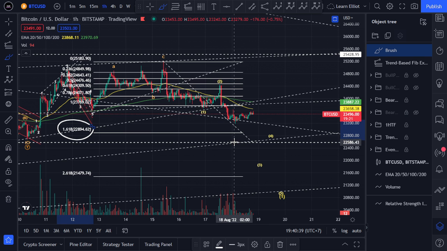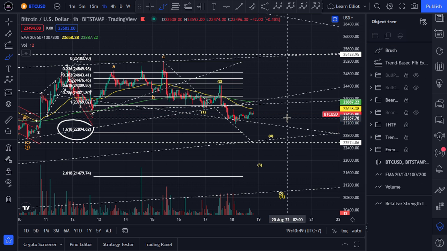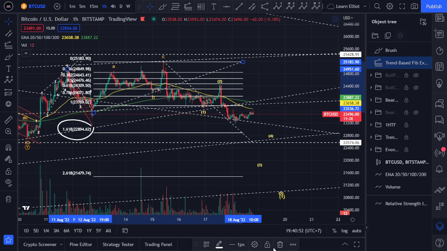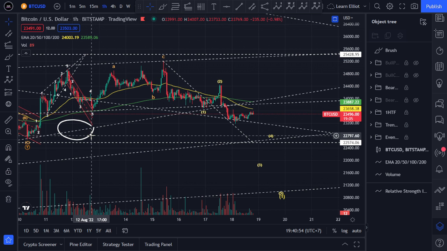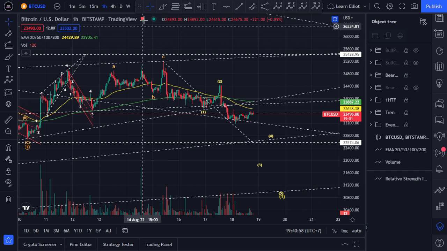So let's assume if the price is able to go here to 22,800, we will be having a reversal, which is a corrective pattern. But apart from that, we are also able to say that this is the first wave of the impulsive movement down.